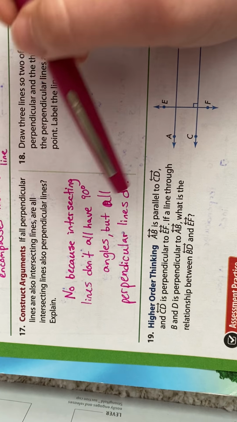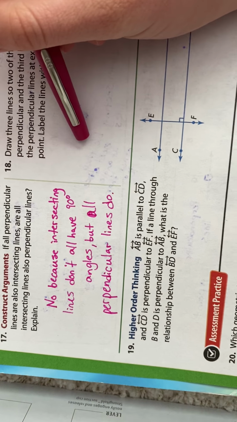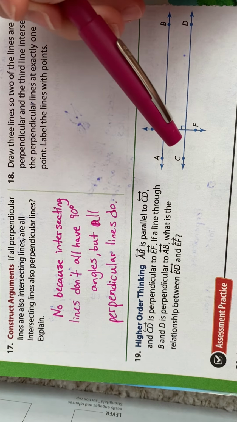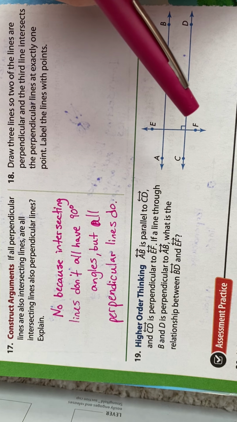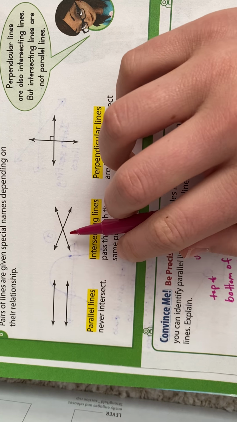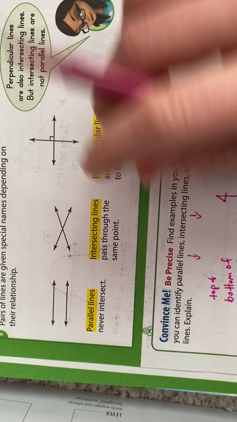So yes, all perpendicular lines are intersecting, but no, not all intersecting lines are perpendicular, because not all intersecting lines meet at a 90-degree angle, like this one. It does not meet at a 90-degree angle.